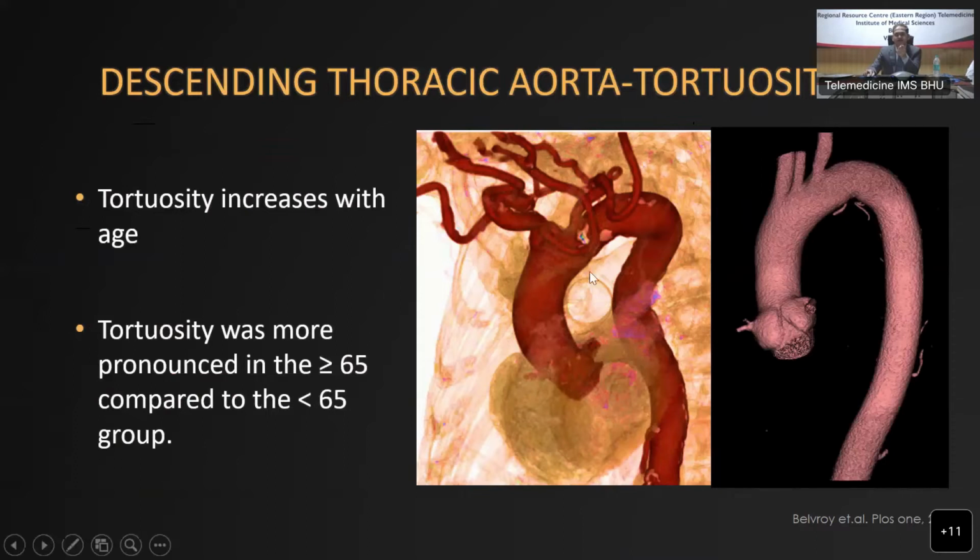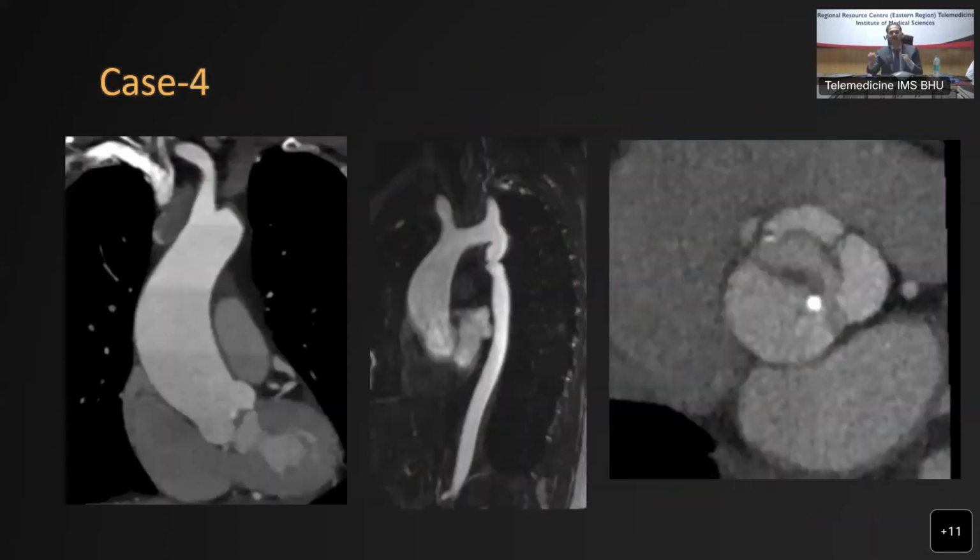So here are examples of tortuous descending thoracic aorta. This is the normal aorta for reference. So when does the tortuosity start to come into play? People with more than 65 years of age tend to have more tortuous aortas than people younger than 65 years of age. All right, next case.